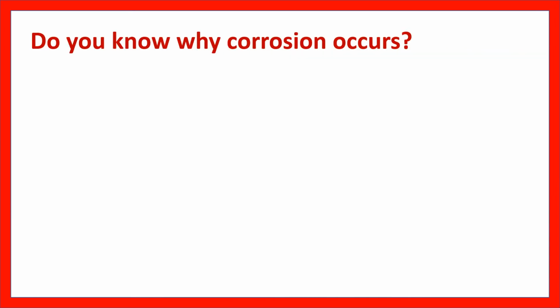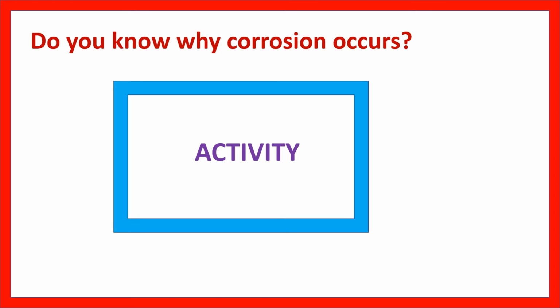Okay students, do you know why this corrosion occurs? Let us discuss it deeply by performing an activity to understand it better. For this, we have to take three test tubes.